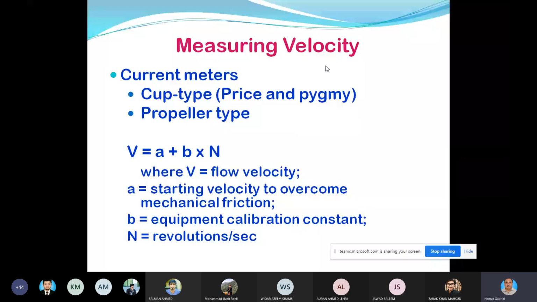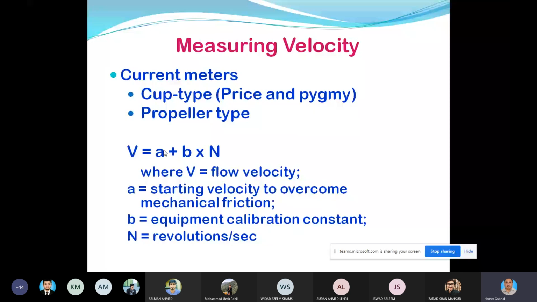We are interested to know the linear velocity, so we have to then convert it to linear velocity. So the formula used is a plus b into n. So a is the starting velocity to overcome mechanical friction. उनके कप हैं या प्रोपेलर्स हैं, वो मूव नहीं करते क्योंकि उनमें फ्रिक्शन जरूर होगा. कोई भी आइडियल मशीनरी नहीं है जिसमें फ्रिक्शन ना हो.